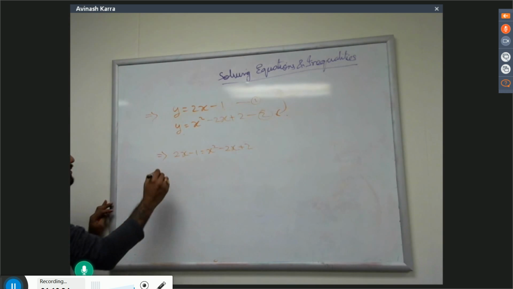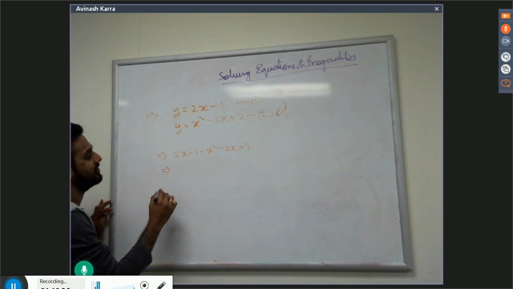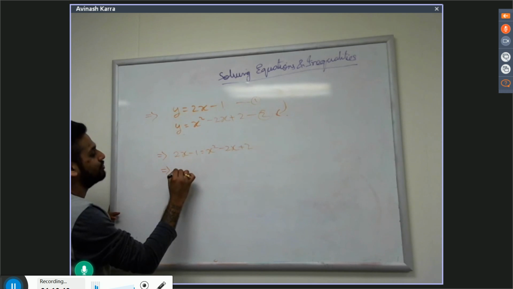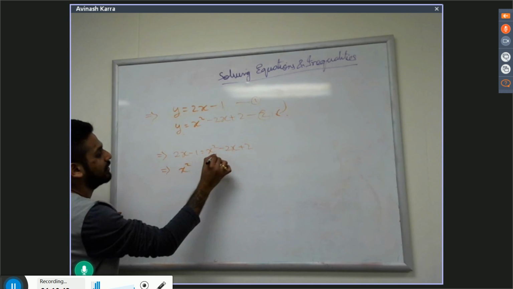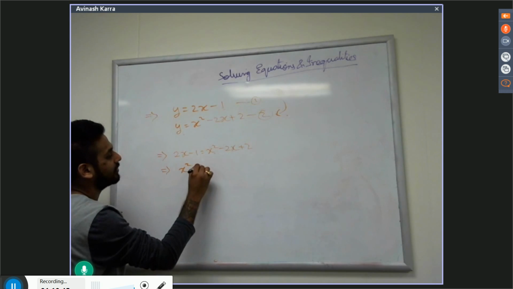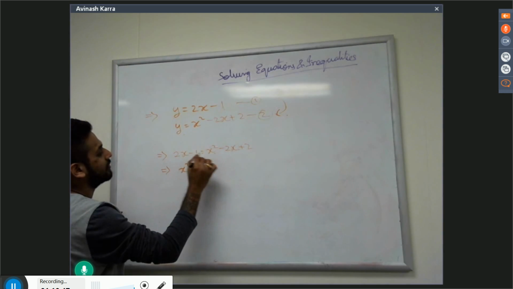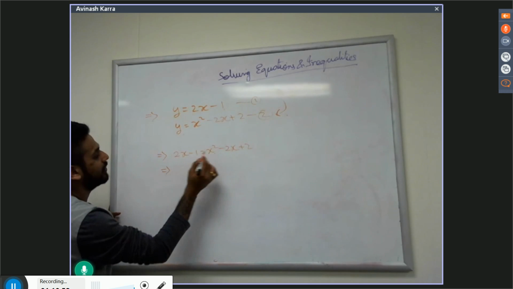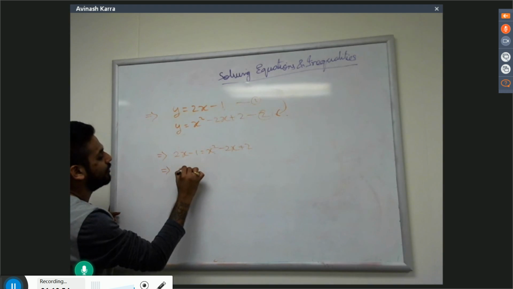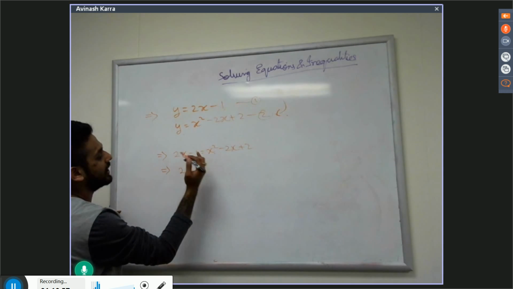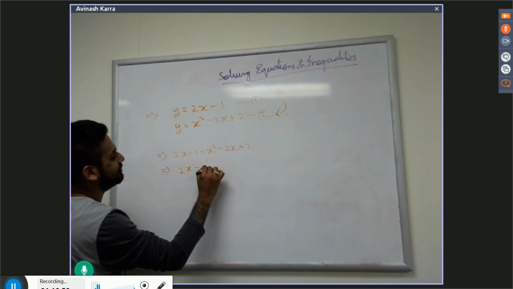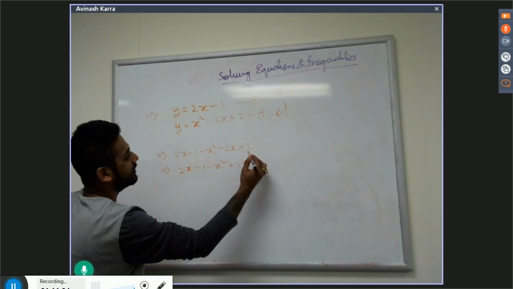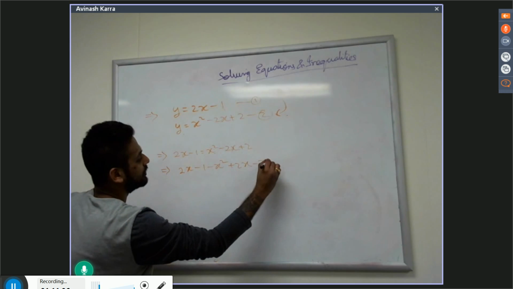What will be the next step? Get all the variables to one side. Let me form an equation. 2x minus 1, and if I get x squared to the LHS, it is minus x squared, and minus 2x will become plus 2x, and plus 2 becomes minus 2, equal to 0.